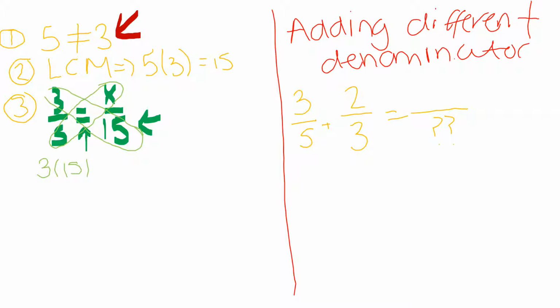And now I'm going to go through the basic arithmetic of all this. 3 times 15 is 45, equals 5x. Then multiply both sides by 1/5 to get rid of the 5 on the side, so that we'll just have x. 9 equals x. So for our first fraction, our new fraction is 9/15.